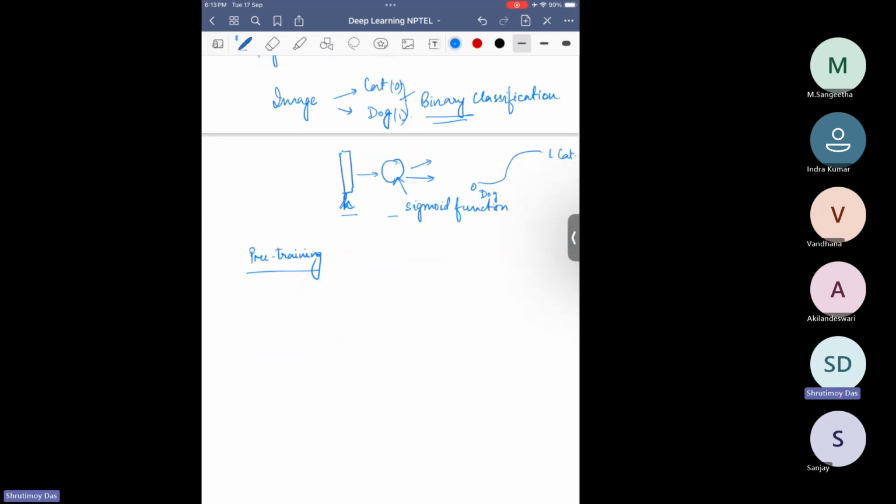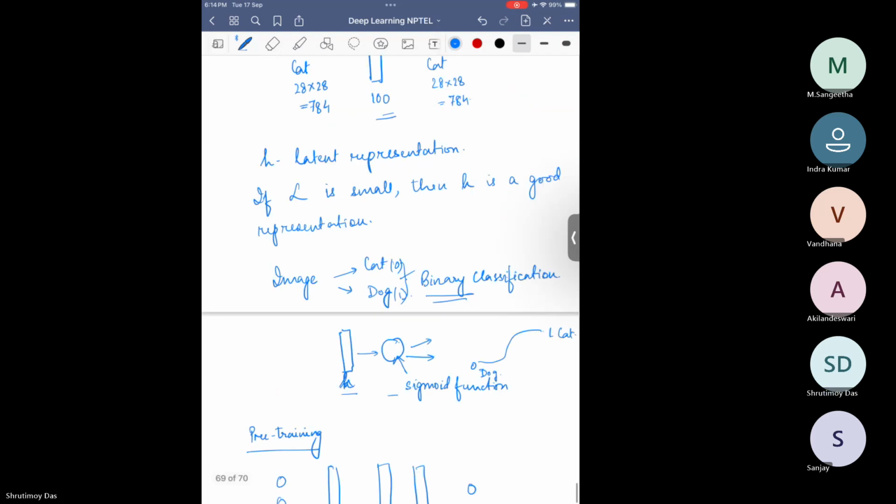So you have some input here, then you have hidden layer 1, hidden layer 2, hidden layer 3, and then some output layer. So this is your input layer and this is your output layer, right?